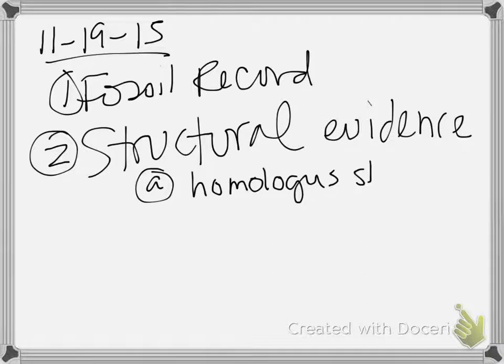Homologous structures are sort of the first chunk of that structural evidence. What's the second chunk of structural evidence?